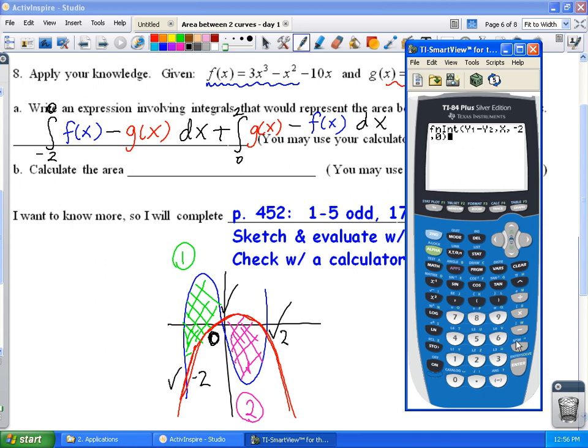Plus. Now I'm going to do another math 9, and yes, you can do all of this in one step. Vars, y vars.